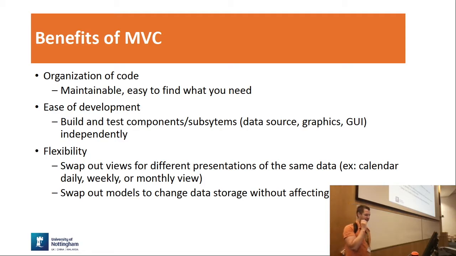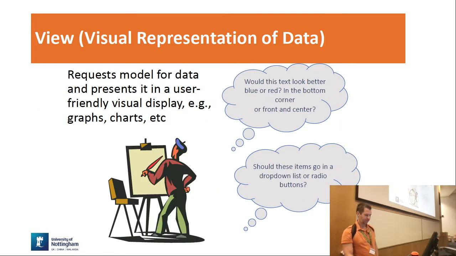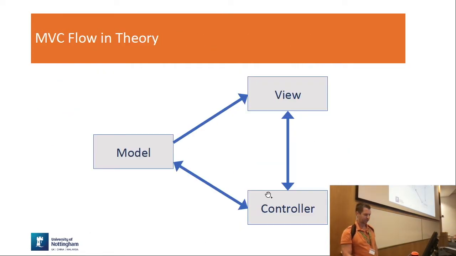It also helps separate the different subsystems from one another. So if you imagine the controller, if you're able to abstract the controller out away from the view and the model, you can swap one controller implementation for another.